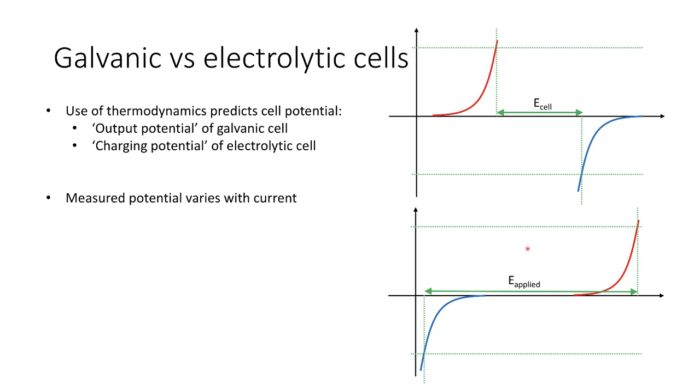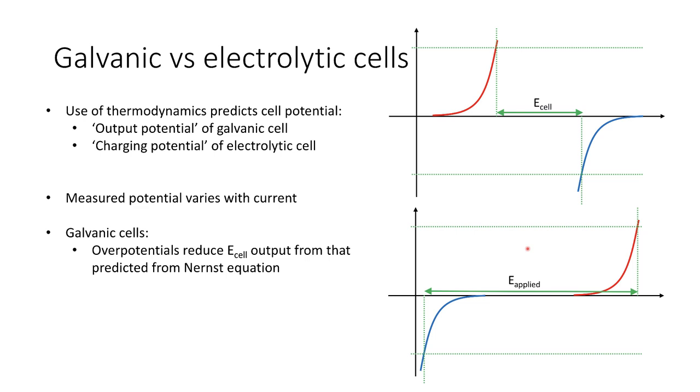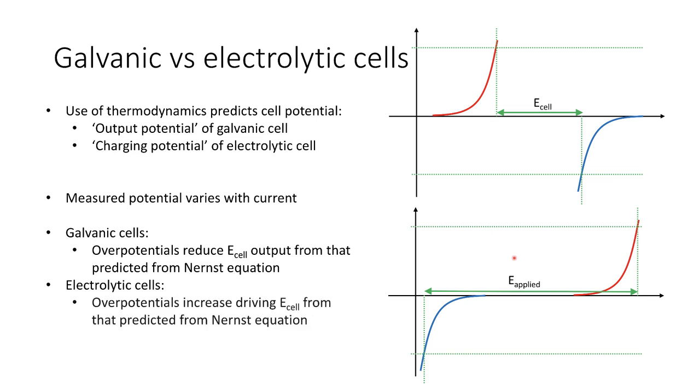So depending on what current is being driven through the cell or the cell is supplying, we would expect to measure a different potential coming out of that cell. So for a galvanic cell, the effect of the overpotential is to reduce the output of the cell from that predicted by the Nernst equation, whereas with electrolytic cells, the effect of overpotentials is to increase the applied voltage required to put a current through the cell.